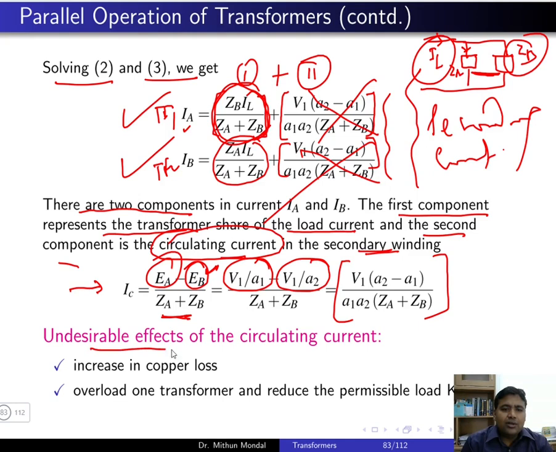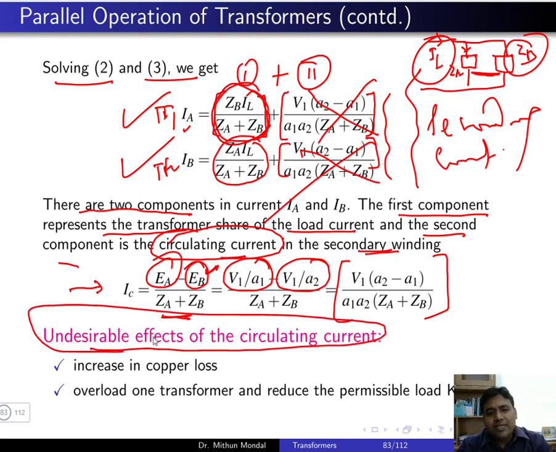Now the undesirable effects of the circulating current. If there is a circulating current, then obviously the copper loss will increase in the transformer. Second point, overload will be there on one transformer and it reduces the permissible load kVA.